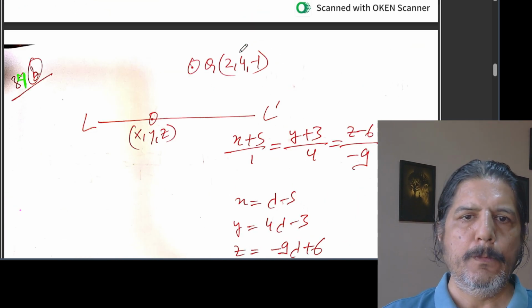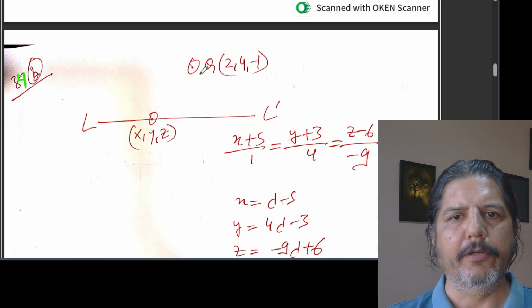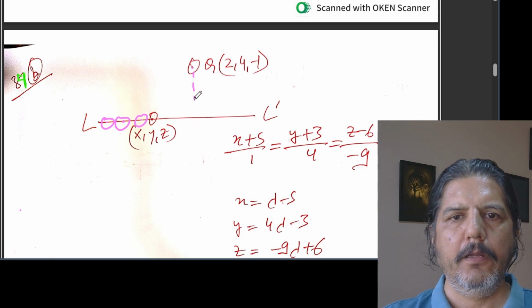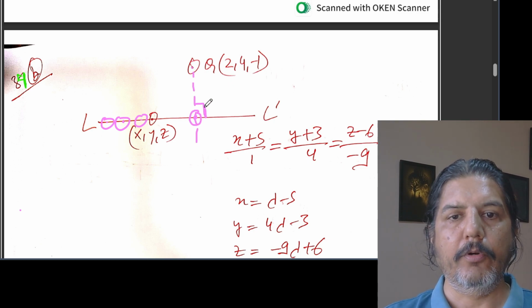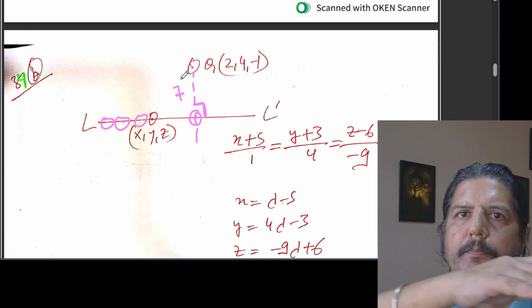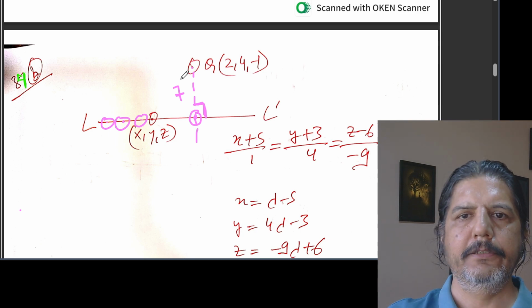So this x, y, z can be any random point. This can be this point, this point, or we will take this to be this specific point where the distance is 7. But x, y, z is a random point, any point which lies on the line LL dash.